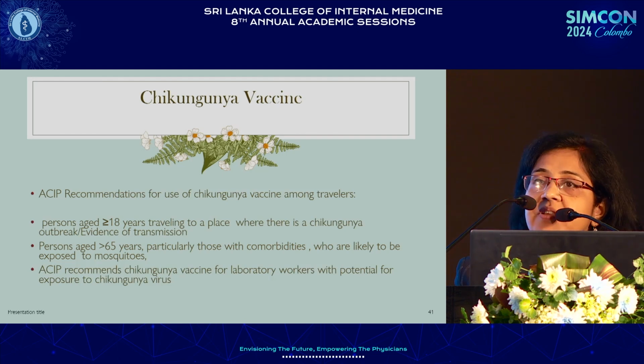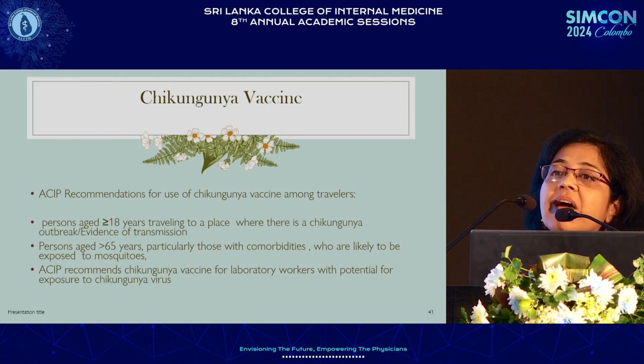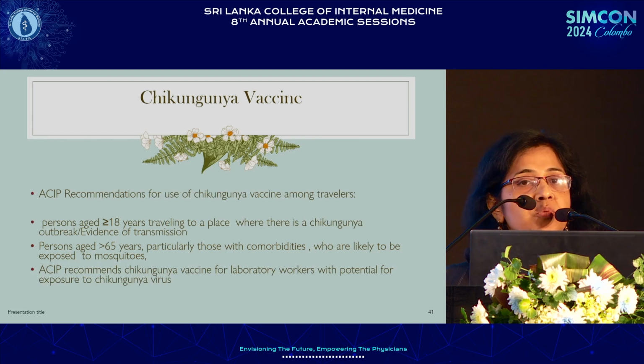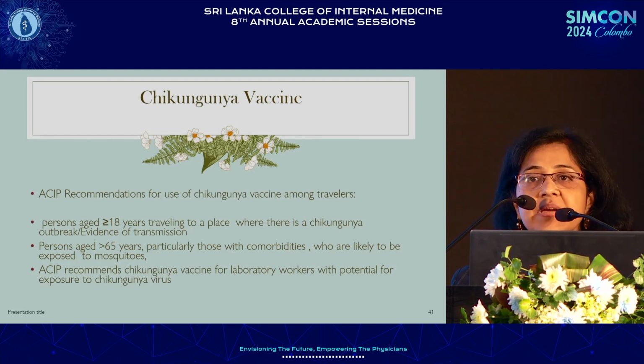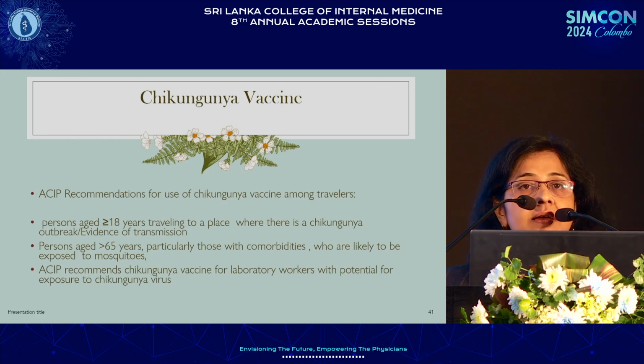There are specific recommendations for travelers to areas with outbreaks or endemic for chikungunya, where this vaccine can be given to adults or to people who are going to stay for a longer period, like 6 months, in an endemic area, especially those who are elderly and having comorbidities.